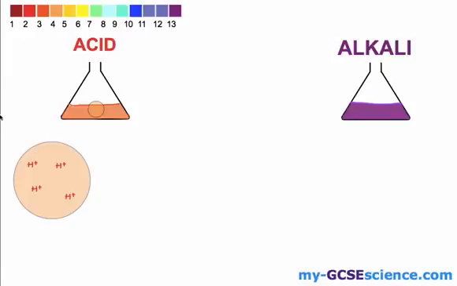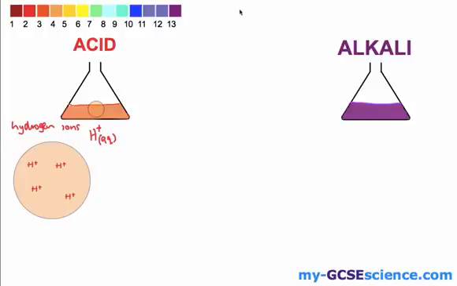So these are our hydrogen ions, and the reason why an acid is an acid is because it has a number of these hydrogen ions floating around in the solution. We actually say there are hydrogen ions in solution, so we would write it like this. And if you remember from a previous video, aq means aqueous, and that means they are in a solution. So this identifies this substance as an acid, the fact that there are hydrogen ions swimming around.